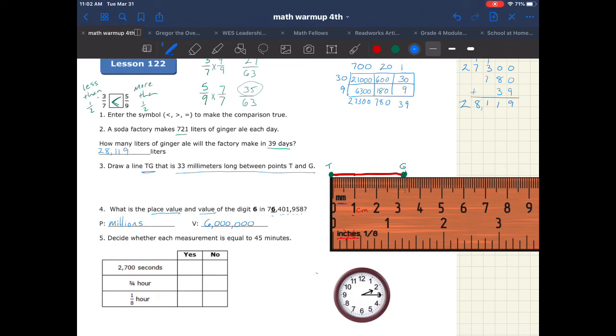Number 5, decide whether each measurement is equal to 45 minutes. So 2,700 seconds. One way to figure this out is knowing that there are 60 seconds per minute.